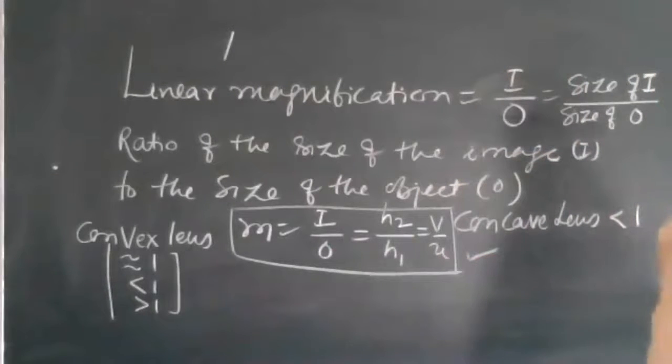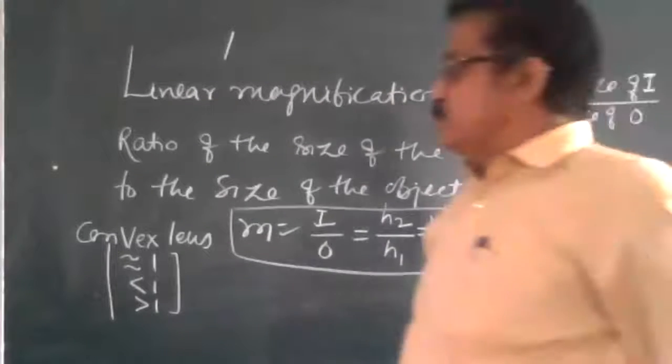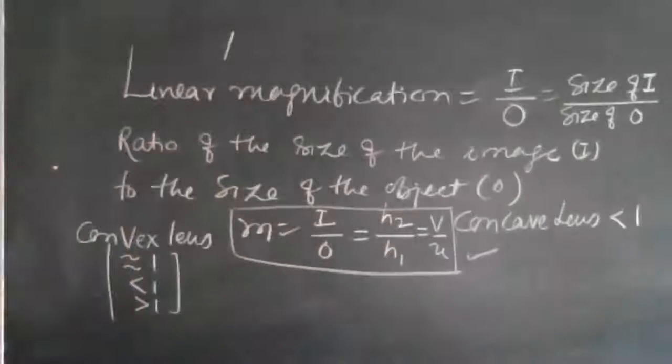Linear magnification M is equal to h2 by h1, or V by U.